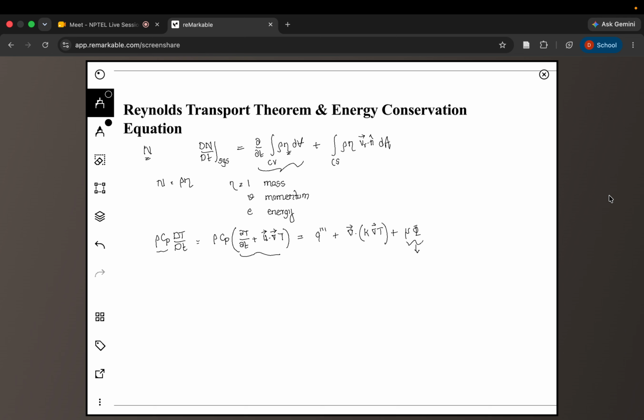This becomes important especially since phi depends on velocity gradients.